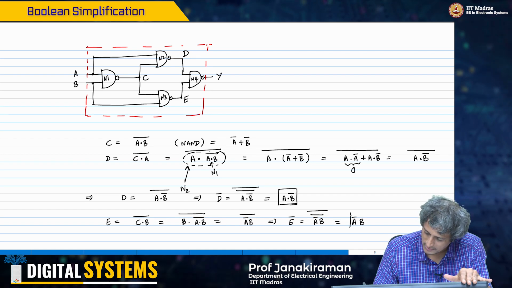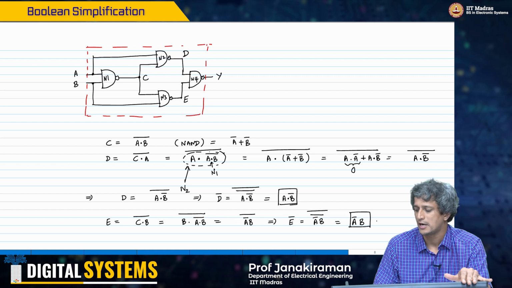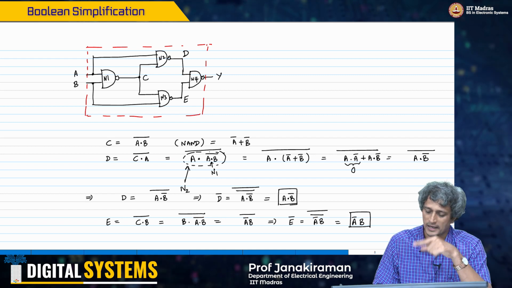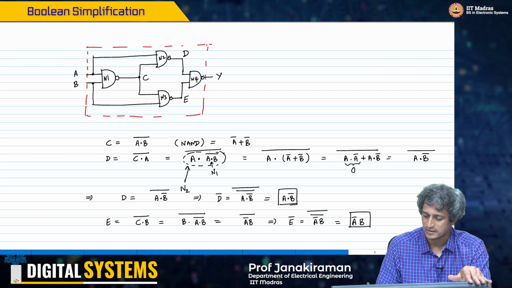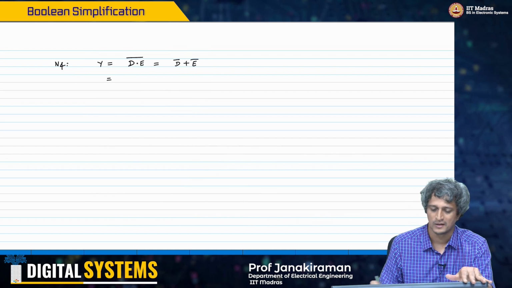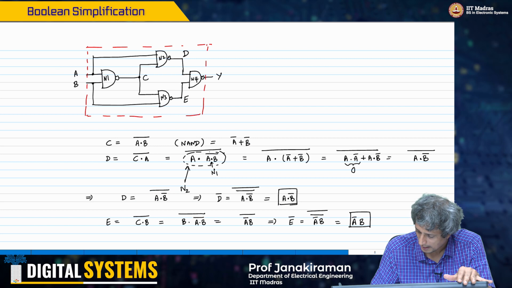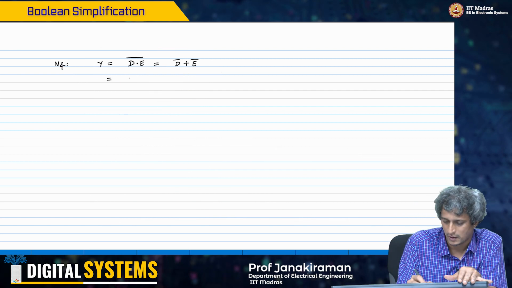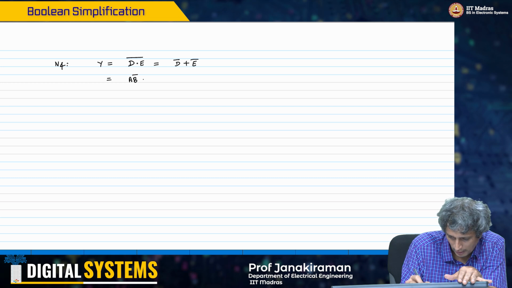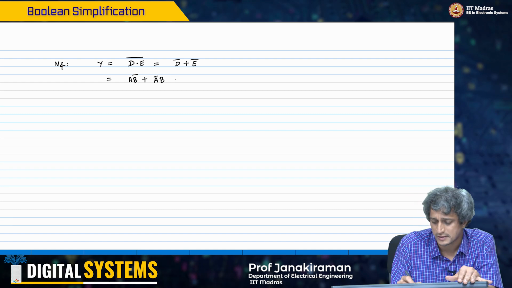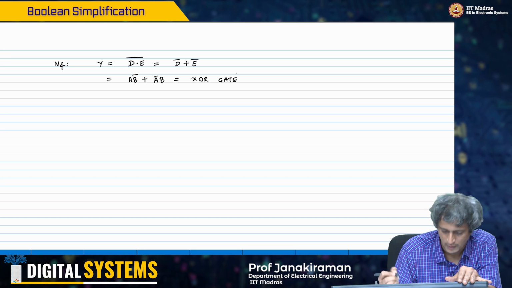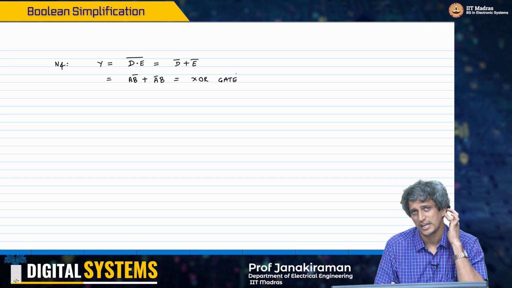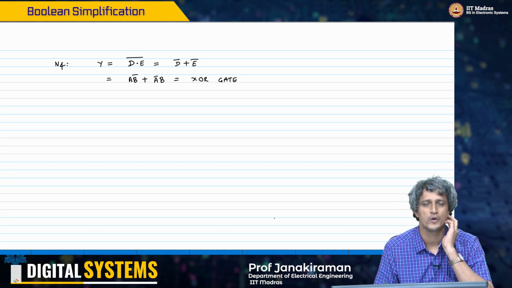Likewise, E bar is A bar and B, right? D is A and B bar, D bar is A and B bar, E bar is A bar and B, and therefore this one I can just write as A B bar or A bar B. And what is this? This is nothing but an XOR gate, a 2-input XOR gate.